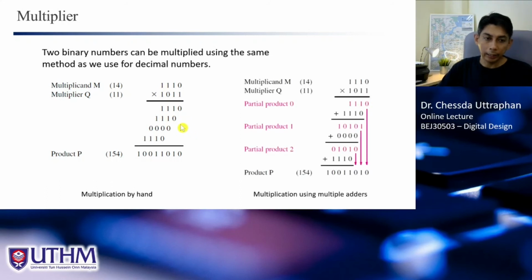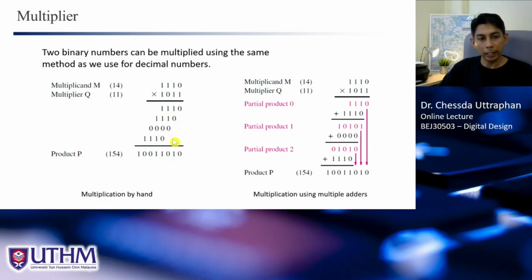And this is how we multiply by hand. But in hardware, this is difficult because here we can actually use an AND gate to do this. It can give you the same result as multiplication, because 0 AND 1 we have 0, 1 AND 1 we have 1, so should be no problem. But here is the problem, right? Because we need to add all these, so we need one adder, and adder. And we cannot have an adder that can add multiple inputs at one time.